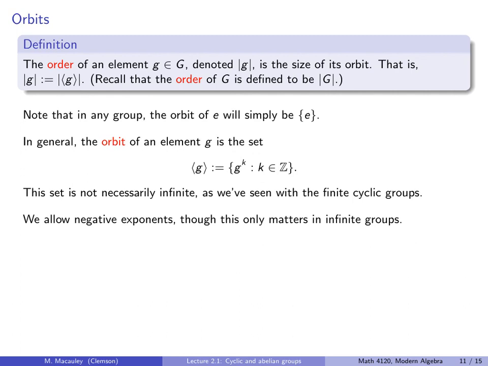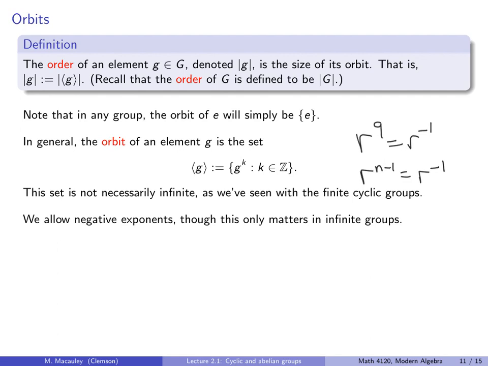Though this only matters in infinite groups, because remember, for finite groups, like in the C10 example, r to the ninth equaled r to the negative 1. And in general, r to the n minus 1 equals r inverse.